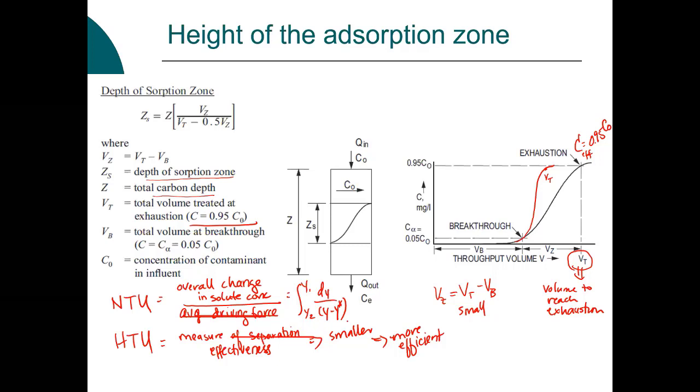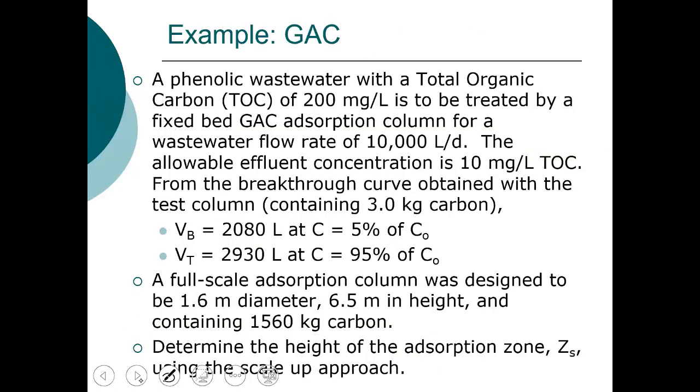The height of the transfer unit is a measure of the separation effectiveness. So the smaller the height of the transfer unit, the more efficient the removal. So what I'd like to do is go through a couple of examples today.